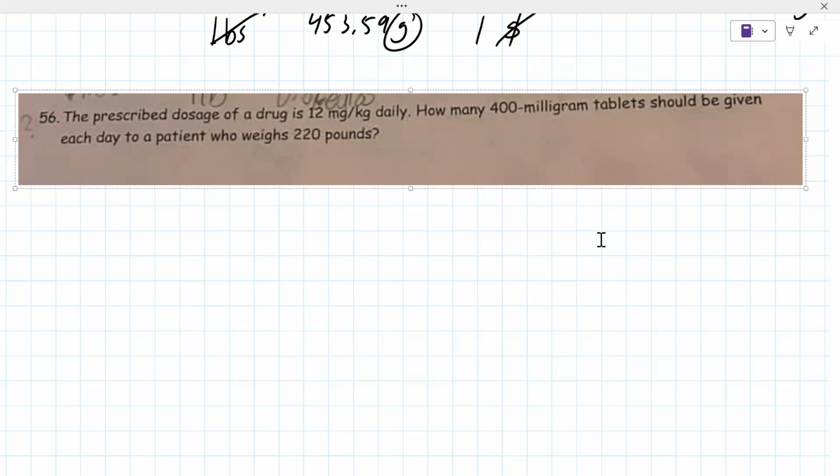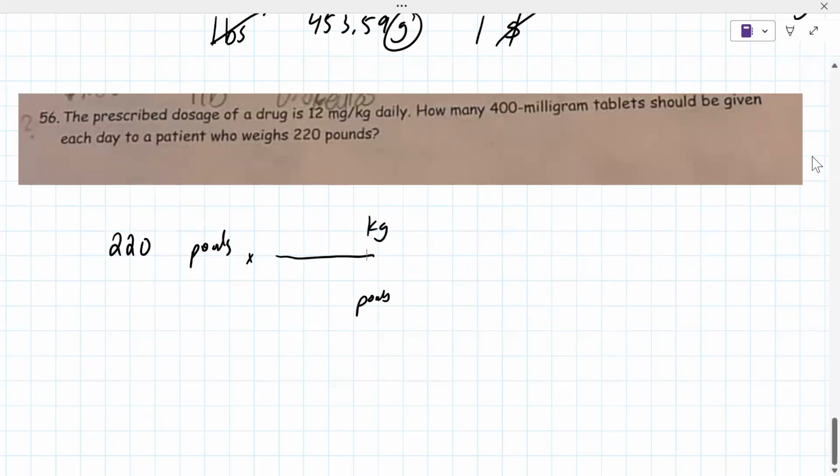Okay, so if a person is 220 pounds, we need to convert that to kilograms. So we need to go pounds to kilograms. Do you have that conversion on your sheet? Let's take a look. Yes, 1 pound is 0.45 kilograms.